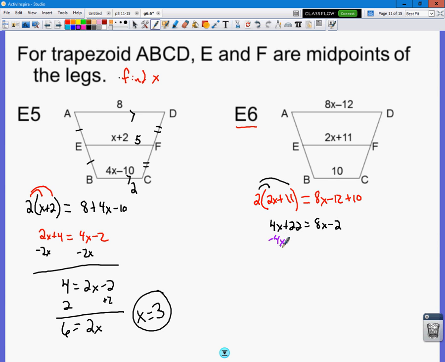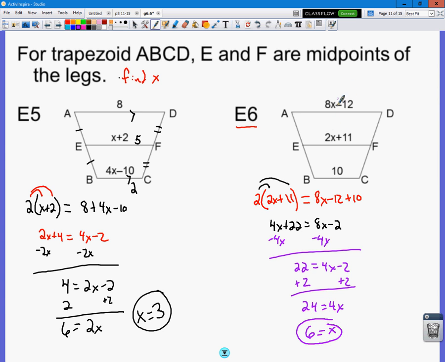Subtract 4x. 22 equals 4x minus 2. Adding 2, 24 equals 4x, which means x is equal to 6.